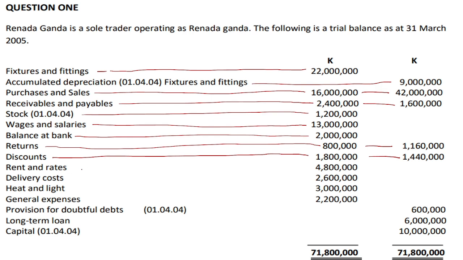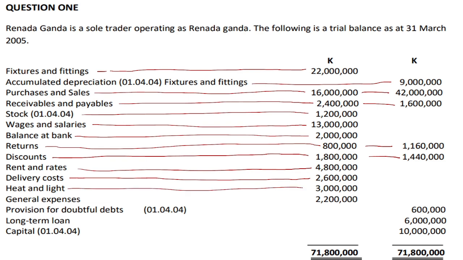Then rent and rates, we have got 4.8 million. Then delivery cost, 2.6 million. Then we've got heat and light, 3 million. Then we've got the general expenses, 2.2 million. Then we have got provisions for doubtful debts, which is 600,000.